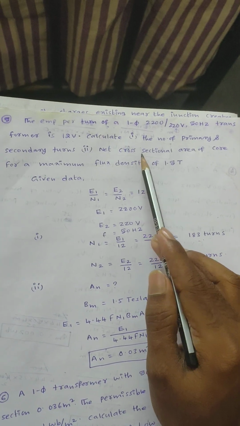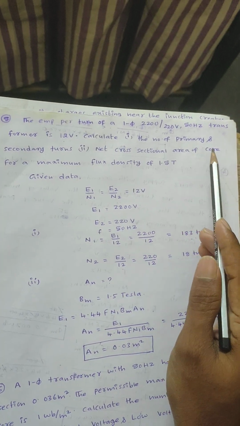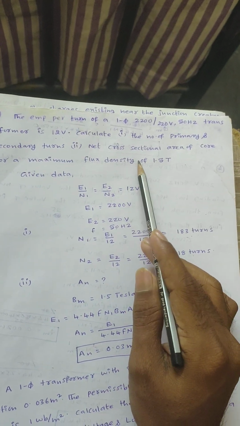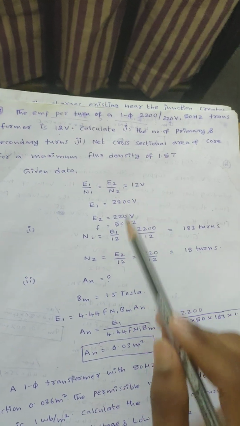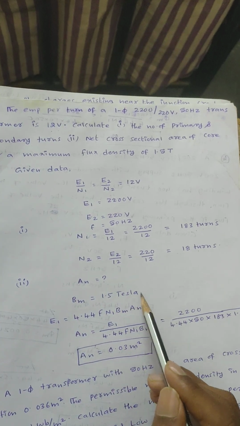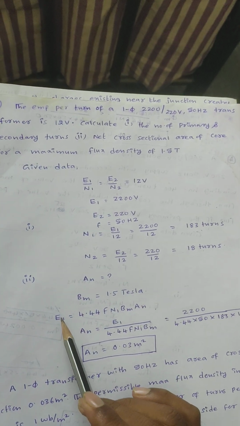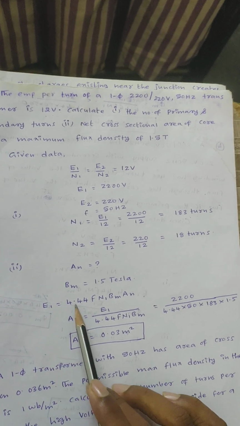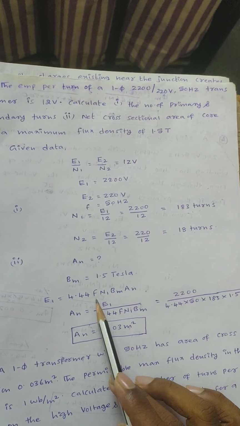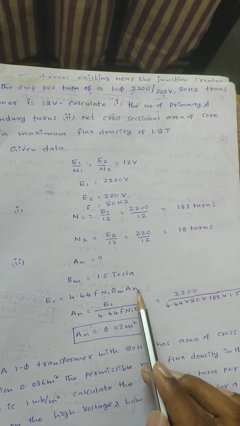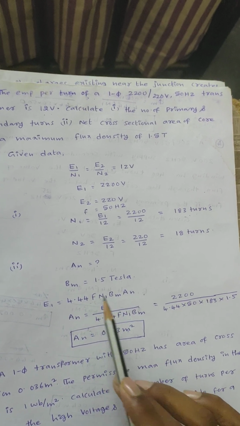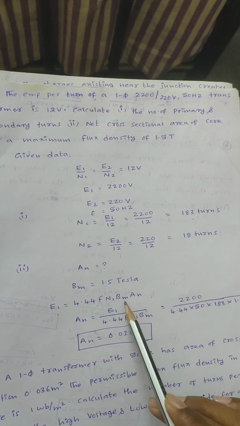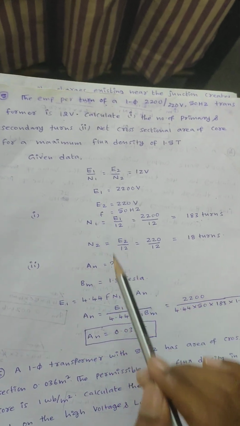What is the second bit? Here I need to calculate the net cross sectional area of the core for a maximum flux density. B maximum is given as 1.5 Tesla. The induced EMF equation of a transformer is E1 equals 4.44 f N1 Bm An. The f, N1, Bm and E1 values are known.